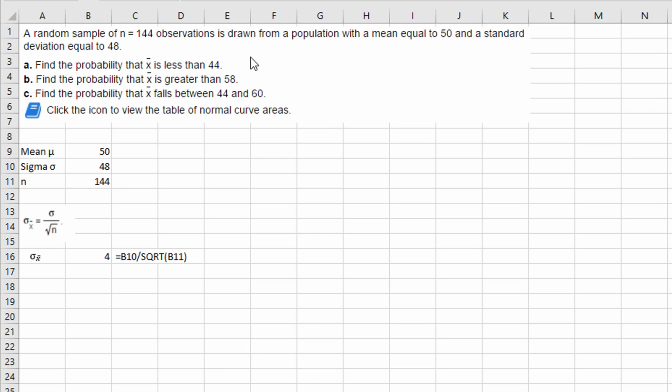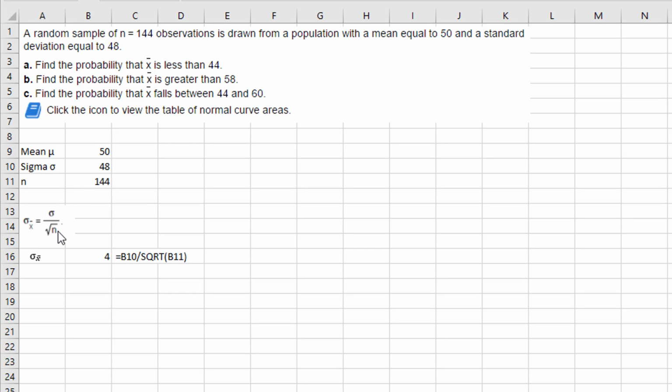And from the Central Limit Theorem, we know that the mean of the sampling distribution, x bar, is equal to the population mean. And I went ahead and started my Excel spreadsheet here and put in the population mean, population standard deviation 48, and our sample size of 144.